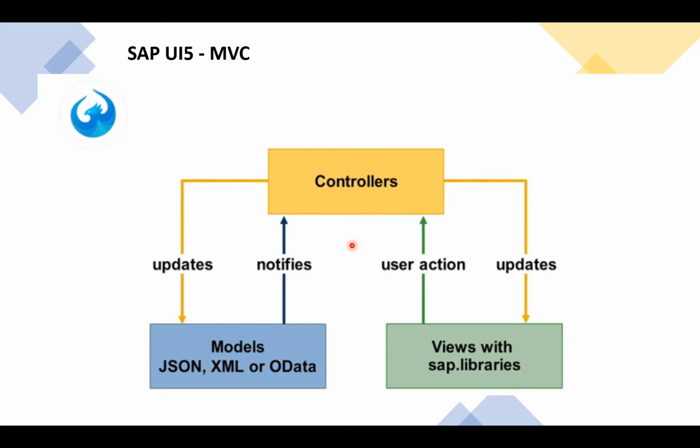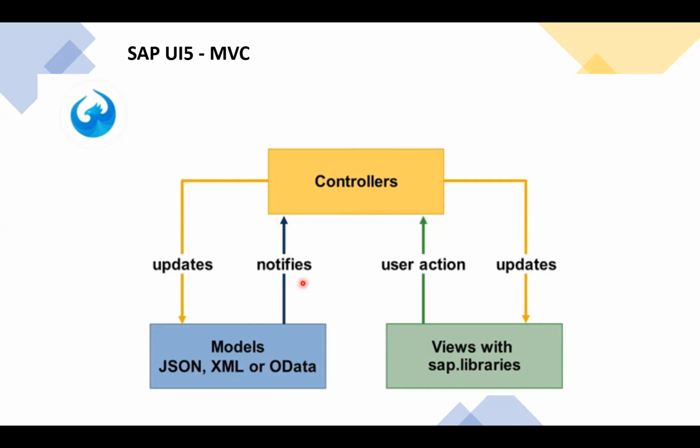So what does it mean here, MVC architecture? Though we are familiar with the architecture, we should know what comes under models, what comes under controllers, and what comes under views.